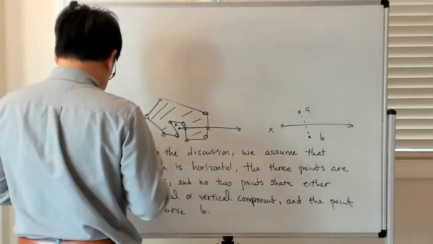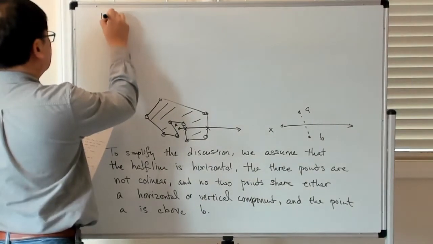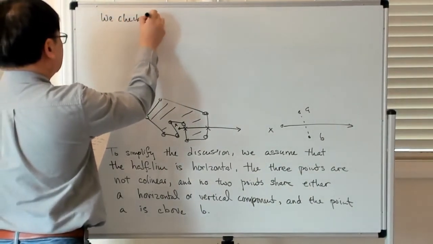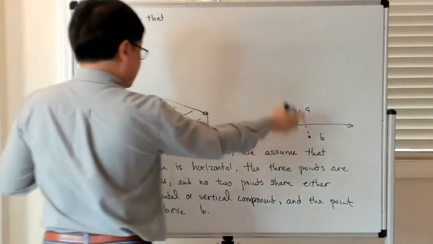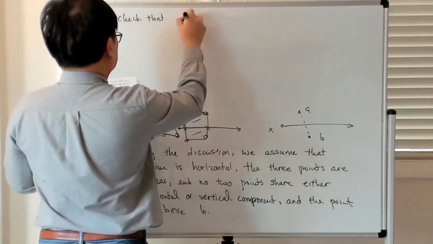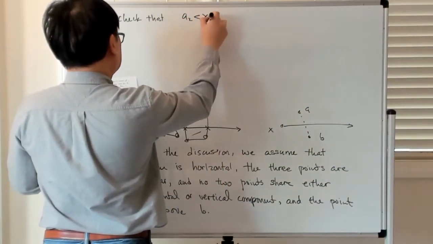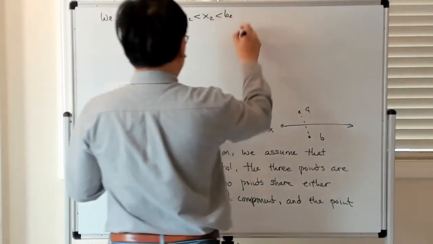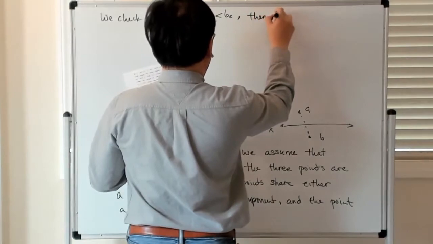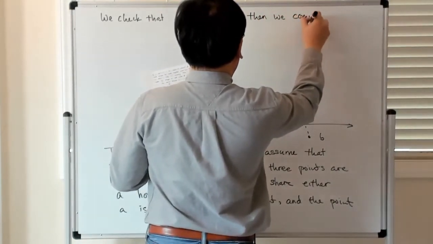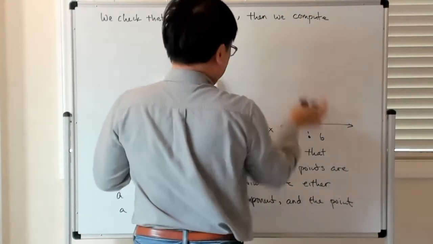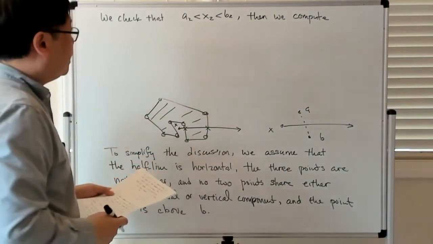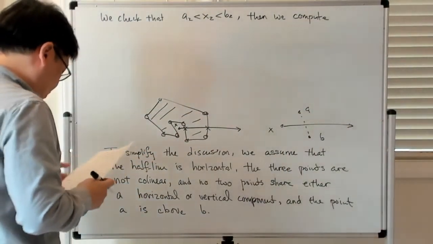So we first check that you want A2 less than X2 less than B2, and of course if that's not true, then you have to swap it.